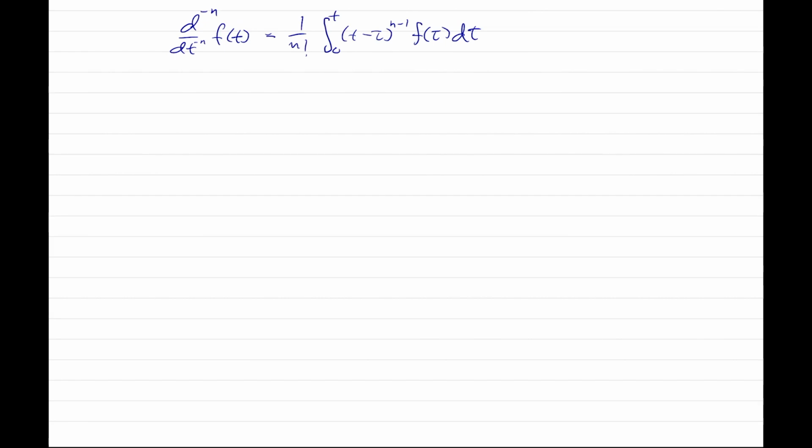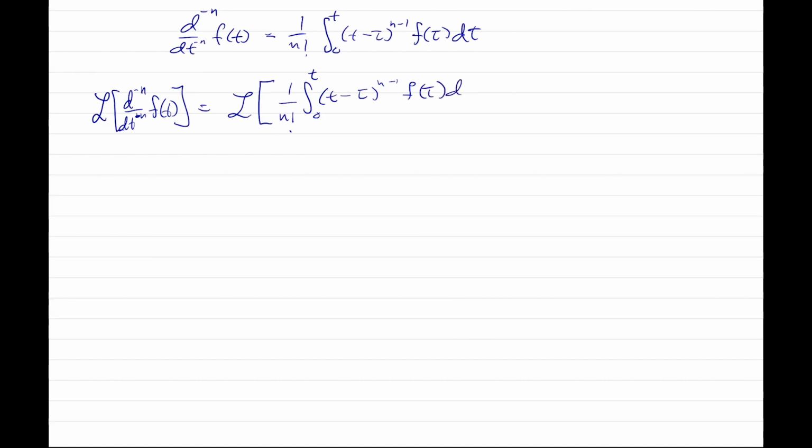So what we can do is we can actually take a Laplace transform of this guy. So d to the minus n over dt to the minus n of f of t is equal to the Laplace transform of 1 over n factorial times this integral, 0 to t of (t minus tau) to the n minus 1 f of tau d tau.